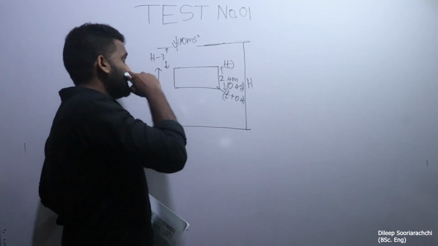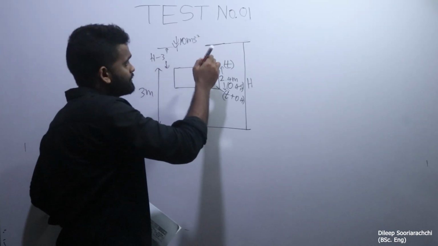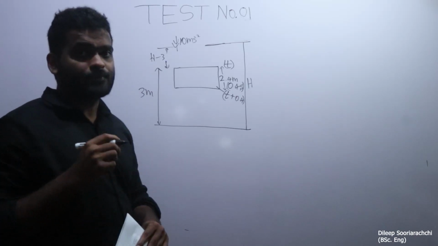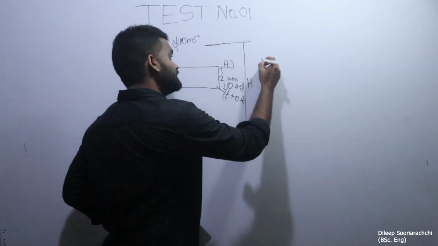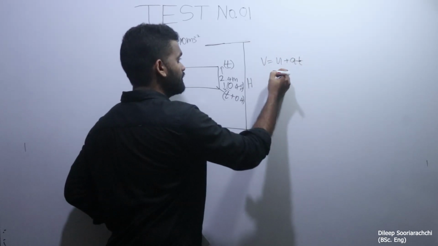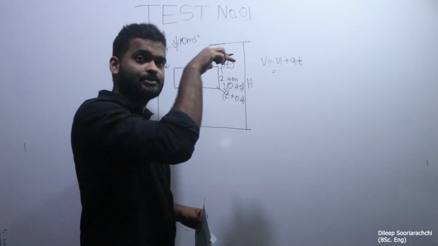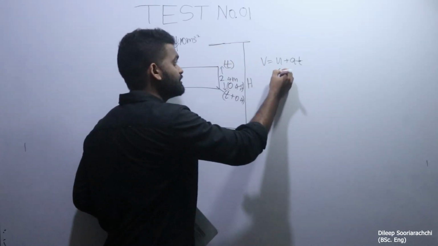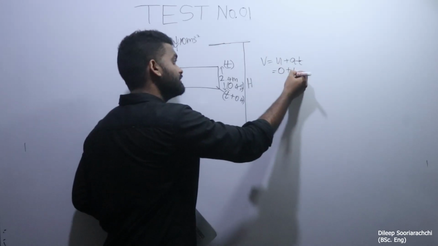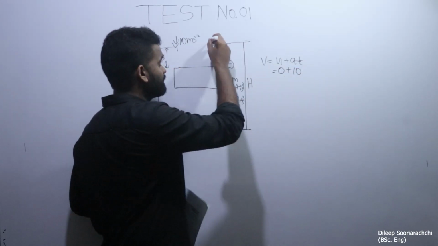Then I can apply the motion equations. First I'm going to apply v equals u plus at. The initial speed of the mango in the tree is 0, acceleration is 10, and the time spent is t.